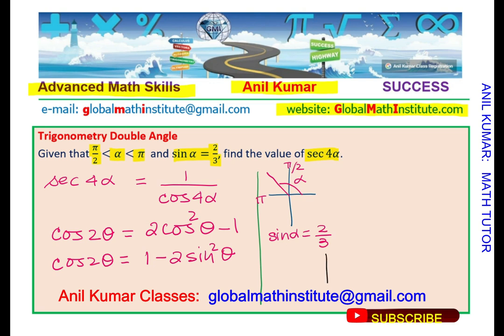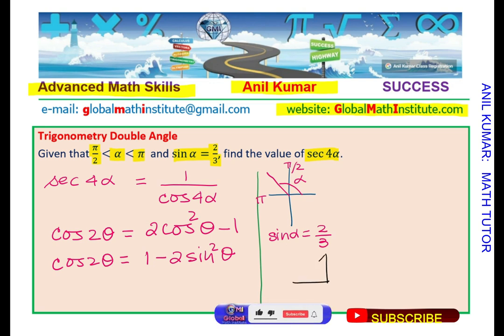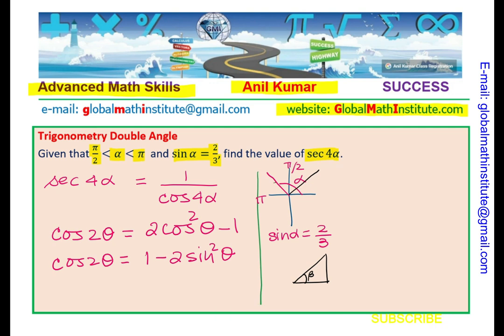So if I make a triangle, let us say this is angle beta, which is in quadrant 1, right? So what I'm saying is the related acute angle is beta. You get the idea? So we work with the related acute angle, and in this particular case, sine is 2 over 3, right?